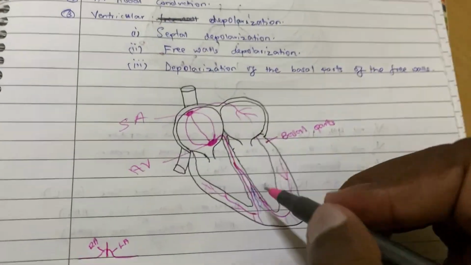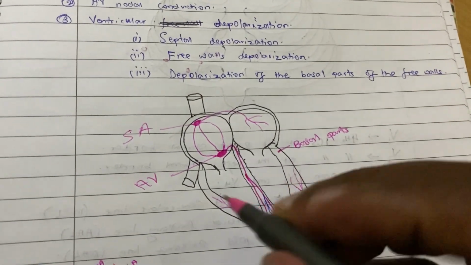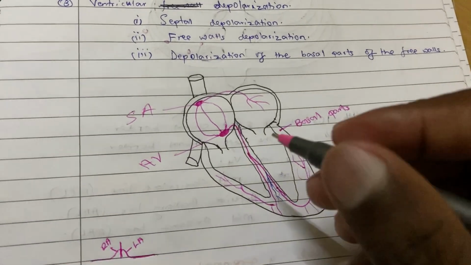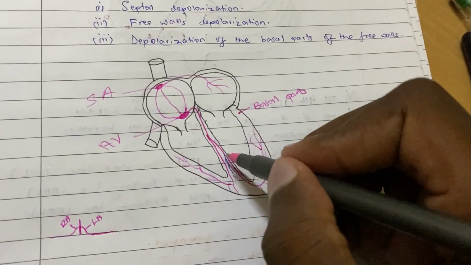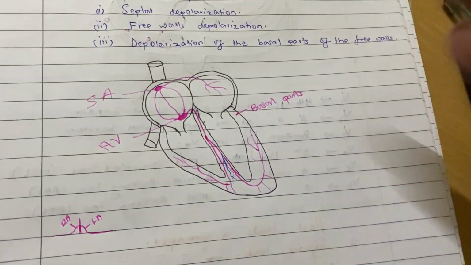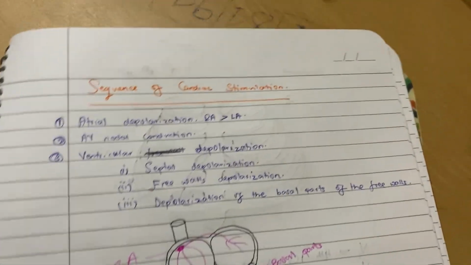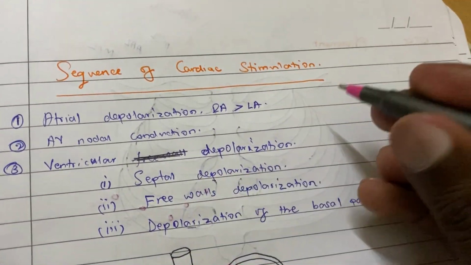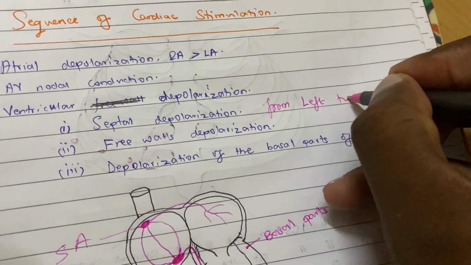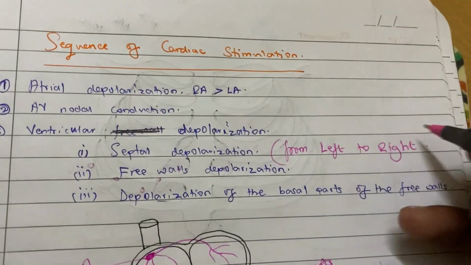And then ventricular depolarization. It happens in 3 stages. This is AV conduction again, the flat line, nothing is happening. In ventricular depolarization, the septal depolarization comes first, and it depolarizes from left to right. Why left to right?